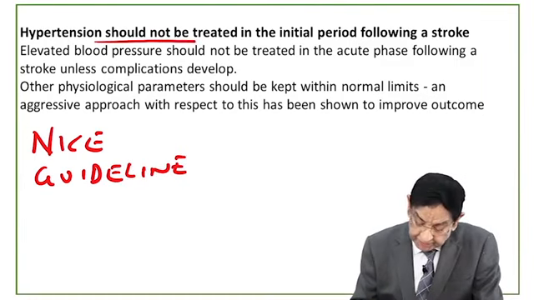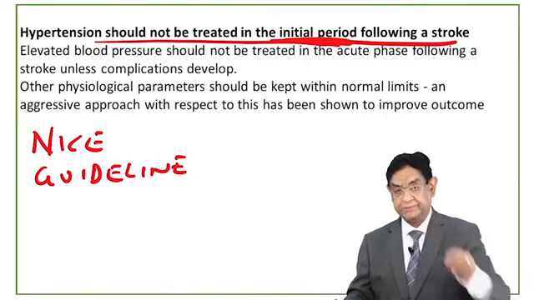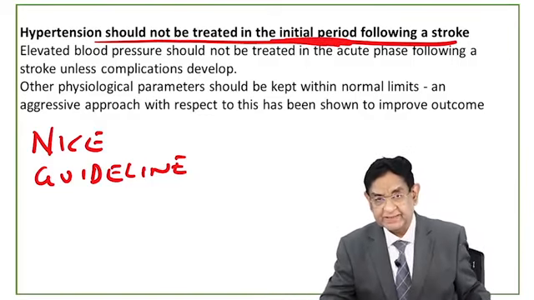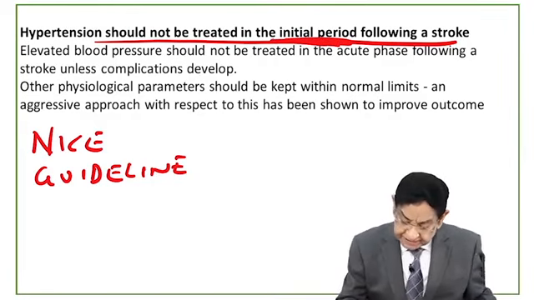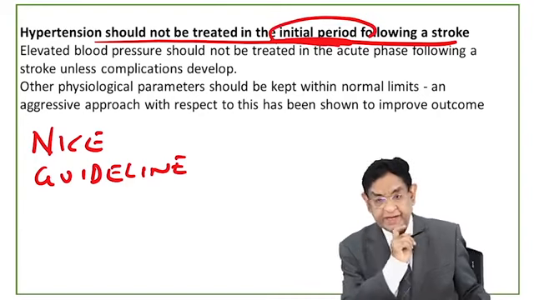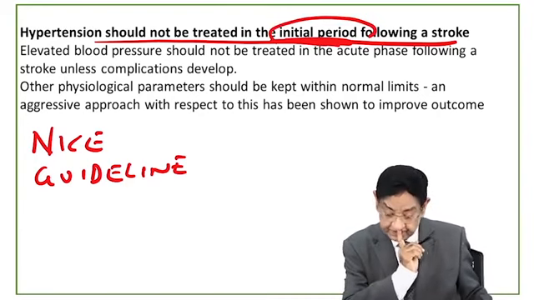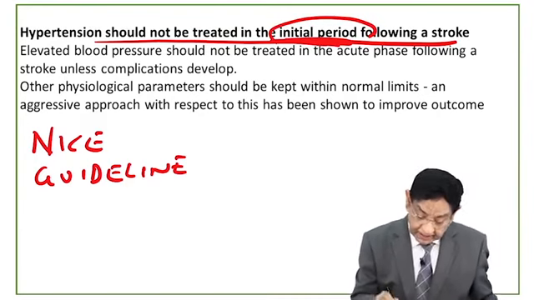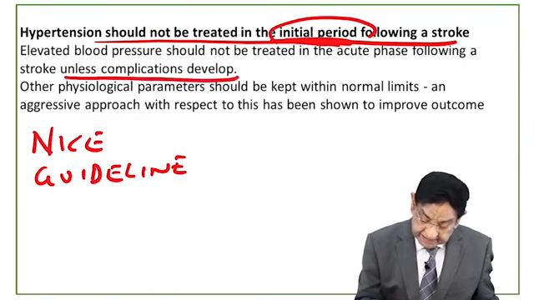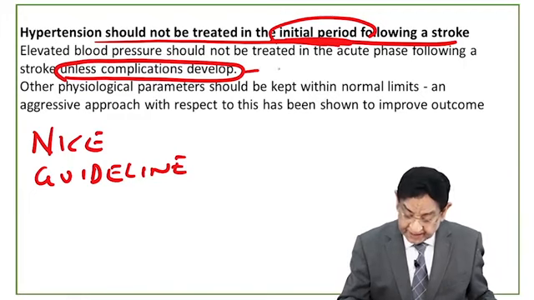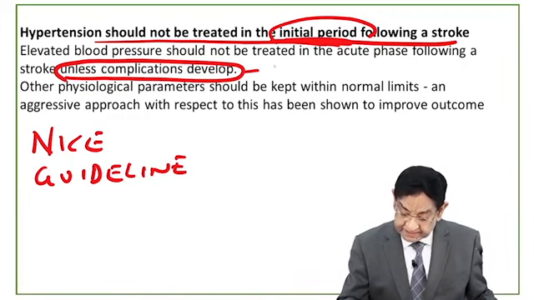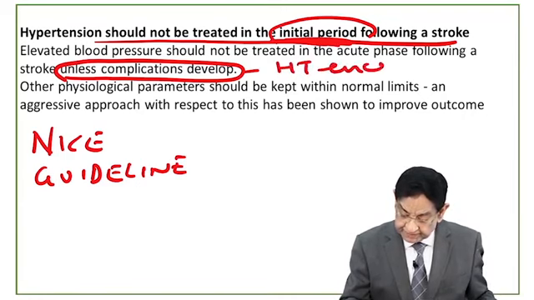Hypertension should not be treated in the initial period following a stroke. Write down this line. In the initial period, point to be noted very carefully, unless complications develop, like hypertensive encephalopathy.